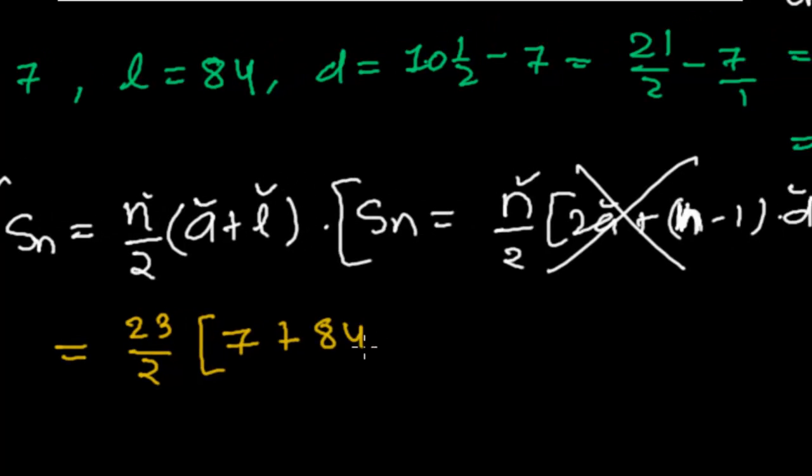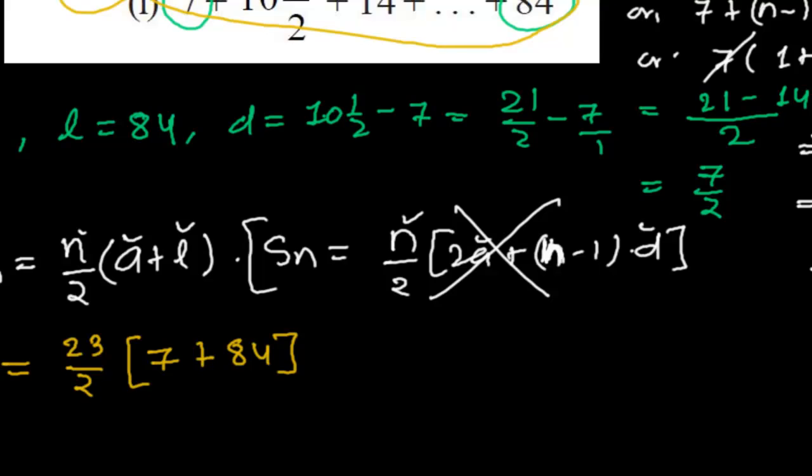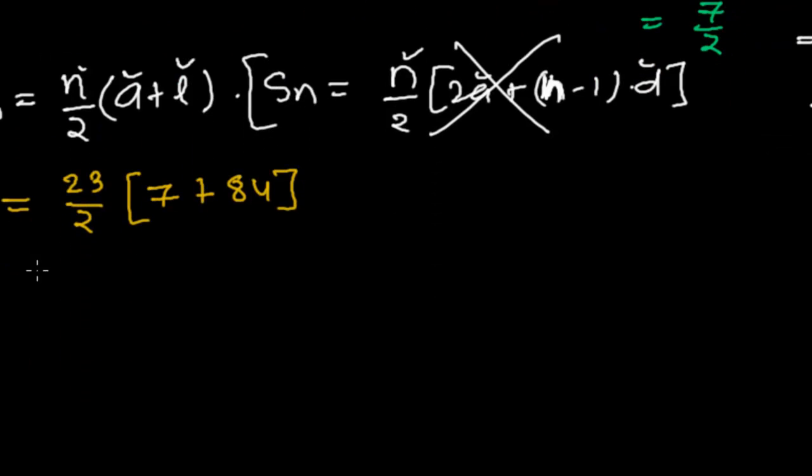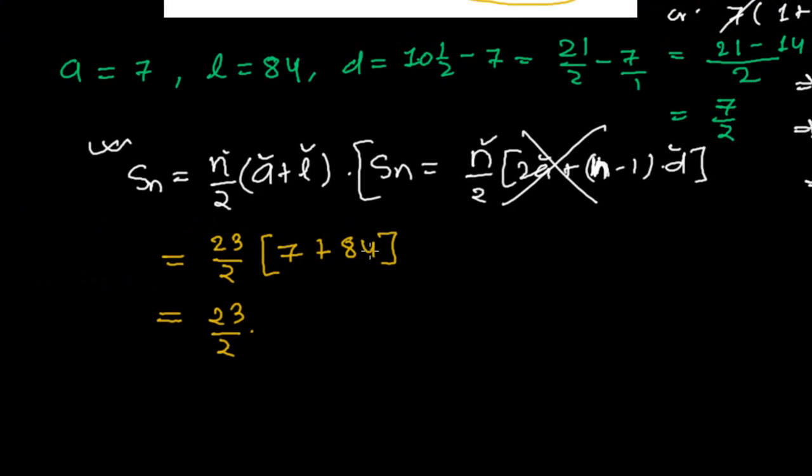So just by solving this expression, I can easily find out the value of the sum of n terms. So 23 upon 2 times the sum of 7 plus 84. 7 plus 4 is 11, carry over 1, so 8 plus 1, that is 91.